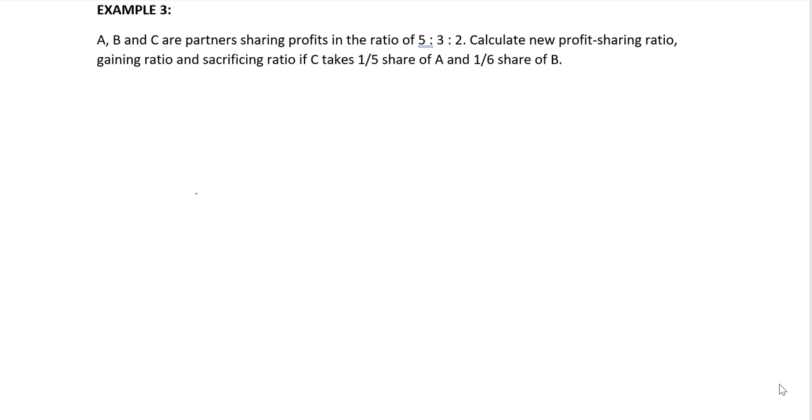Example 3. A, B and C are partners sharing profits in the ratio of 5:3:2. Calculate the new profit sharing ratio, gaining ratio and sacrificing ratio if C takes 1/5 share of A and 1/6 share of B. So the old profit sharing ratio between A, B and C is equal to 5:3:2.